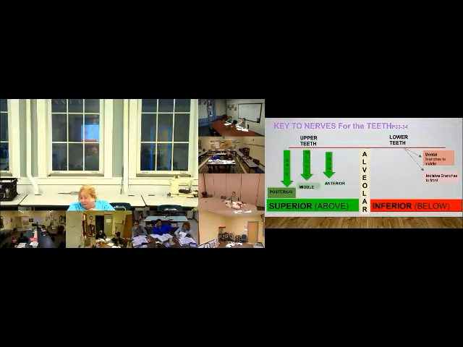Is everybody with me there for decoding this? If I am on the side of the mouth, I have a middle superior alveolar: middle, upper, bone that holds the teeth in. And if I am in the molar region, or way back on the upper, I have posterior superior alveolar.